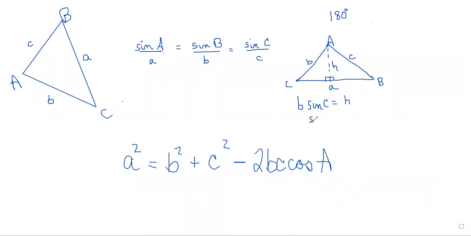The sine of capital B is equal to, again, H, but this time the hypotenuse is little c. Remember, the hypotenuse is always the side that is opposite the right angle. So that would be H over little c. Again, we can solve for H and write c times sine of capital B equals H.